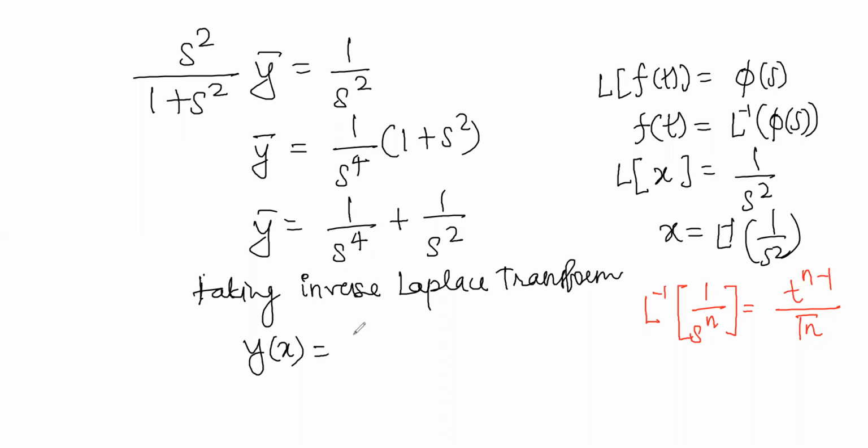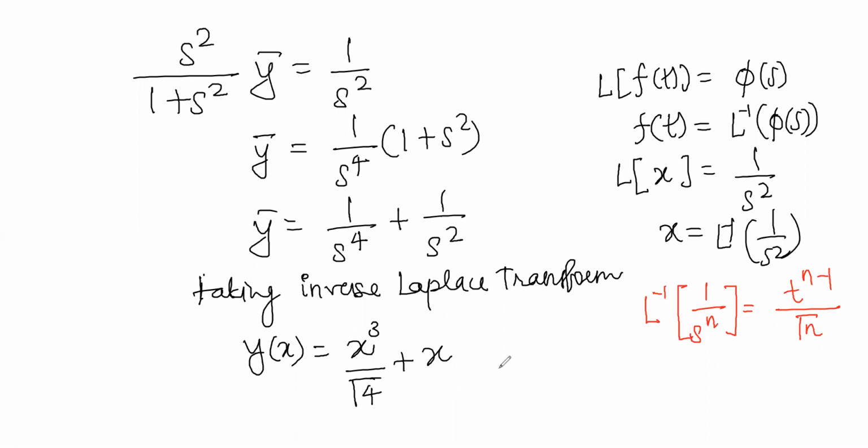That will give you, sorry, not t, x power 4 minus 1, which is 3. Compare this quantity with 1 upon s power n. So you get x power 3 upon gamma n, because it is n, so gamma 4, which will be 3 factorial, plus 1 upon s square, you already know this is x.